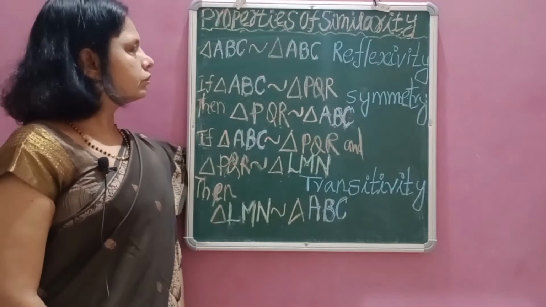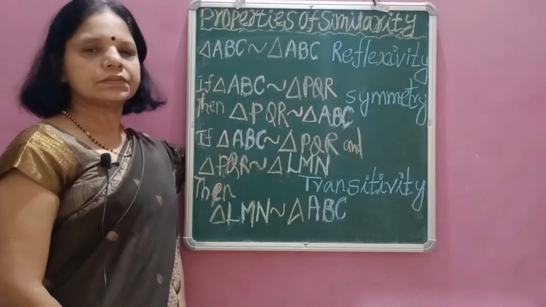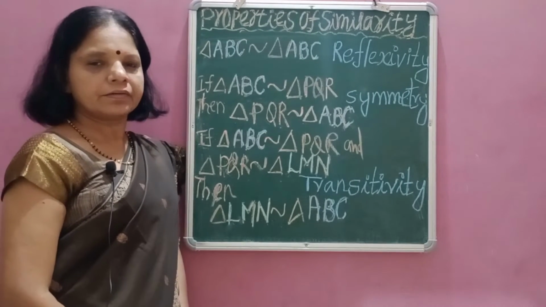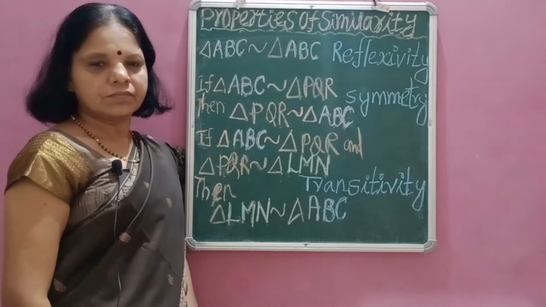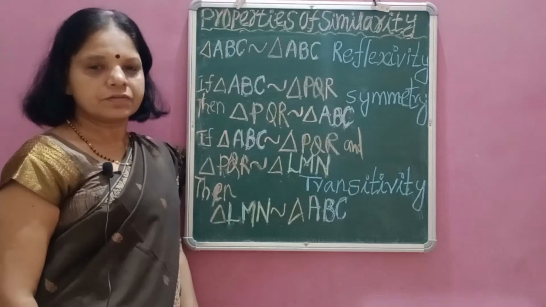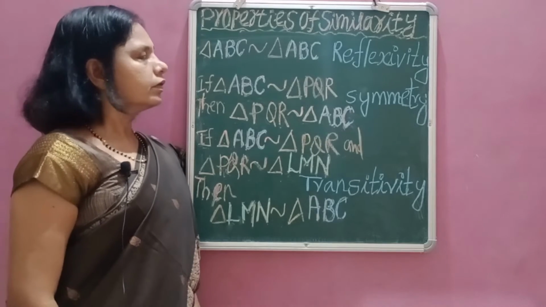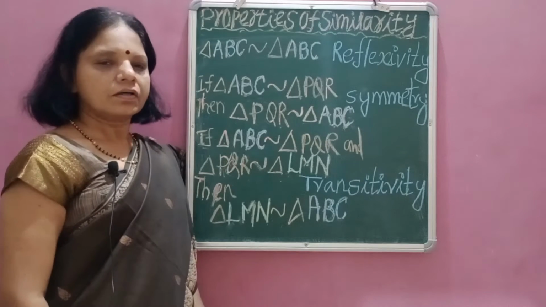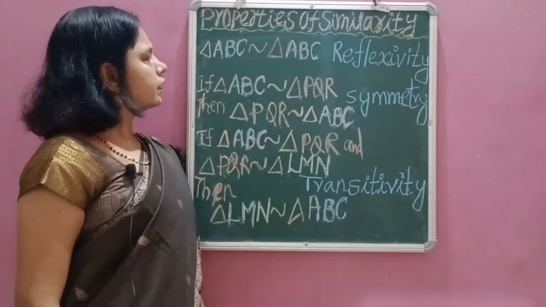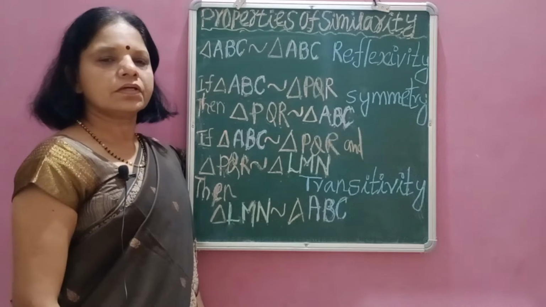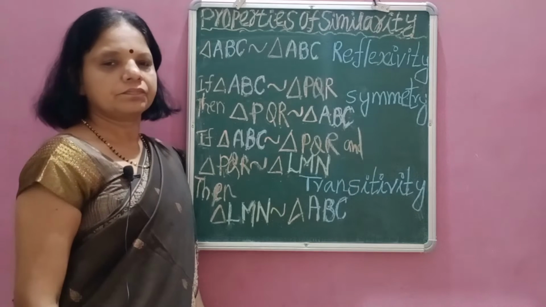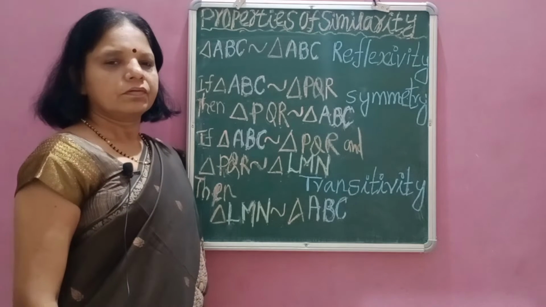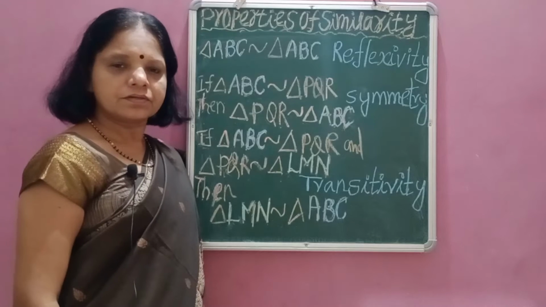So here the first property is that there is a triangle. Name is triangle ABC. It is understood that triangle ABC is similar to triangle ABC. It is a property. What does it mean?